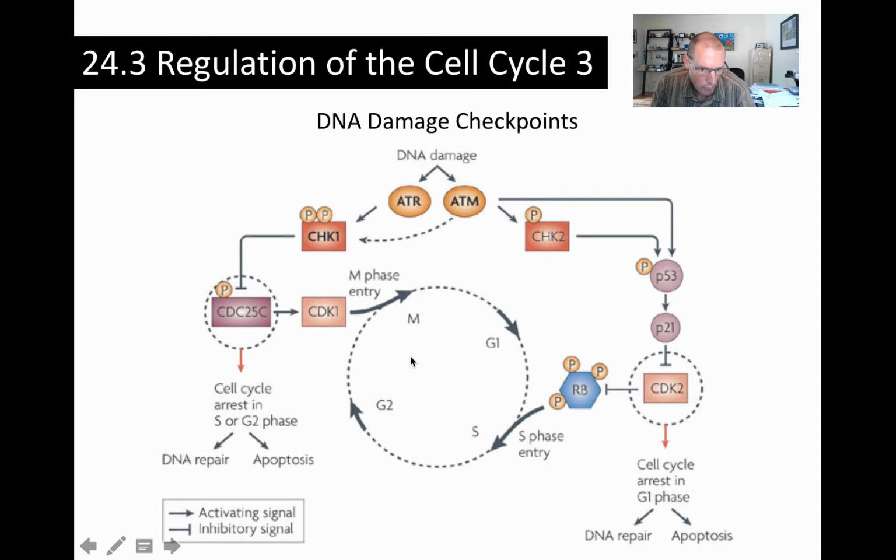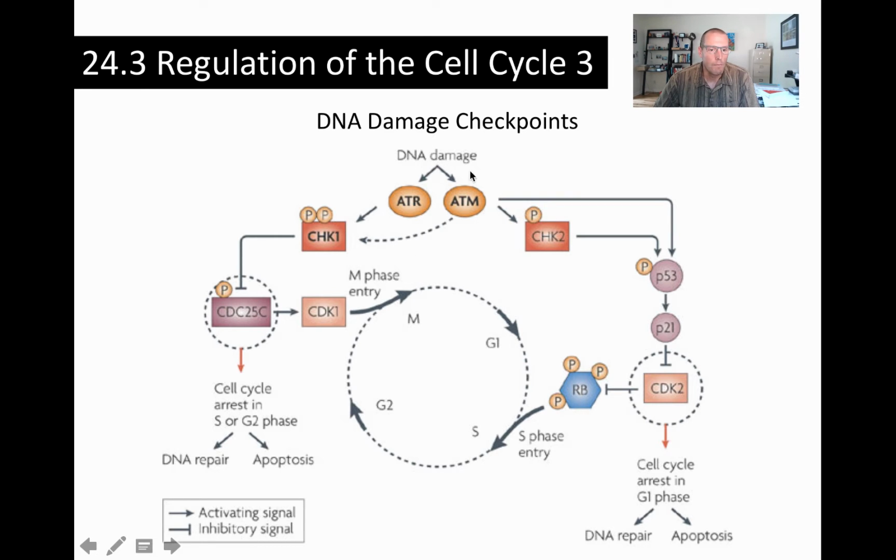Each of these checkpoints works through different CDKs. The entry into M-phase checkpoint is controlled by CDK1, and this S-phase entry checkpoint over here is controlled by CDK2. Possibly the most important protein here is called P53, also known as the guardian of the genome, lost in up to 50% of human cancers, so that's a super important protein.